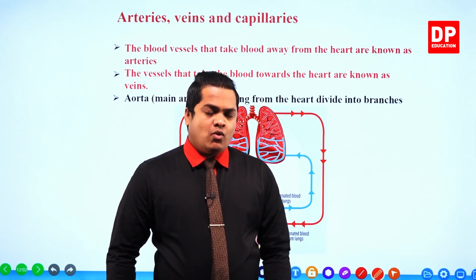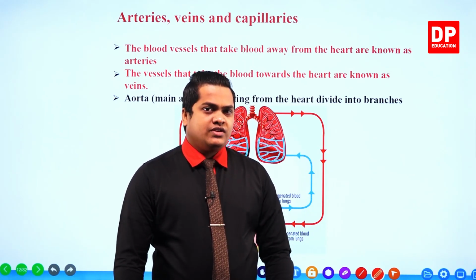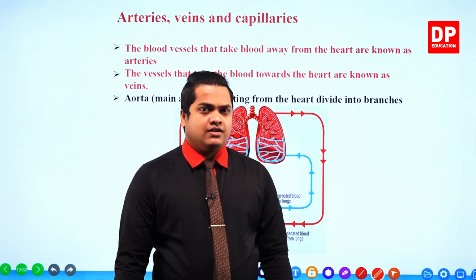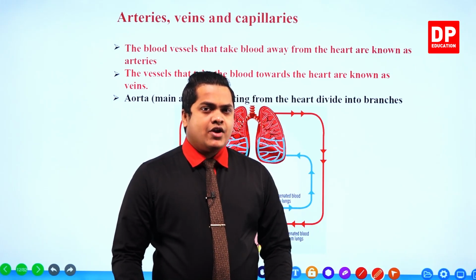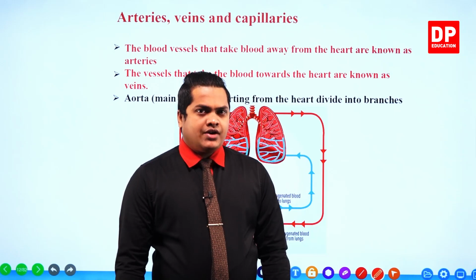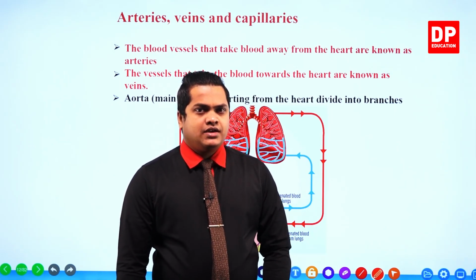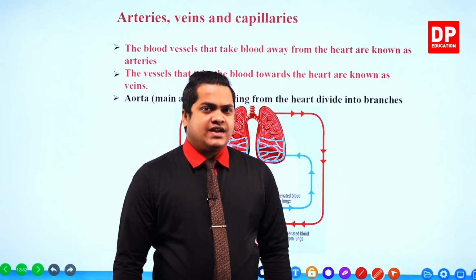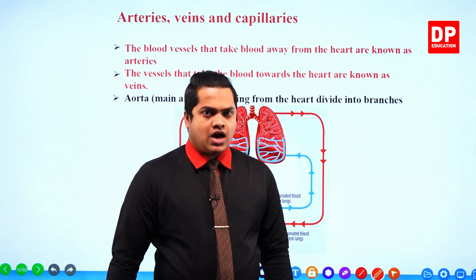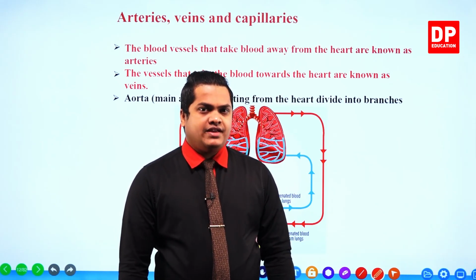However, normally we refer to arteries and veins with disregard of the color. Arteries are the ones that carry blood away from the heart. Veins are the ones that carry blood towards the heart. That's how we define arteries and veins.